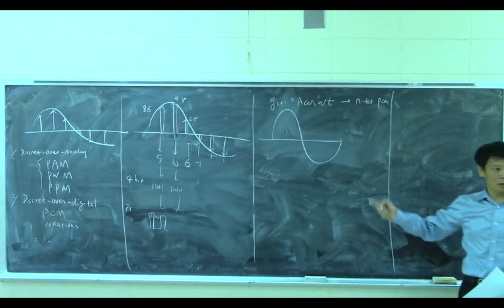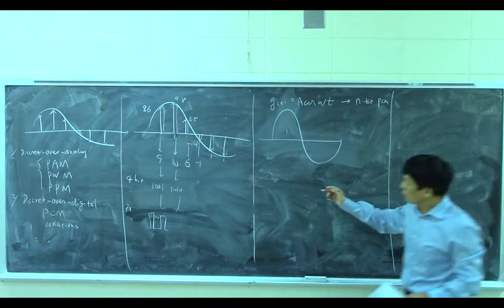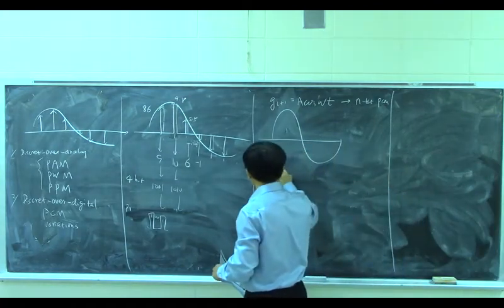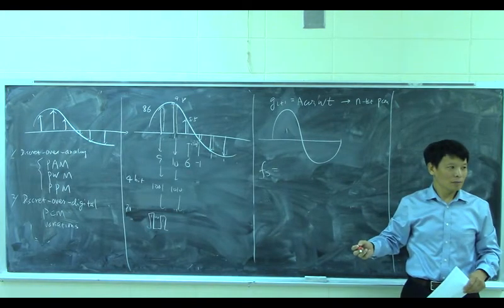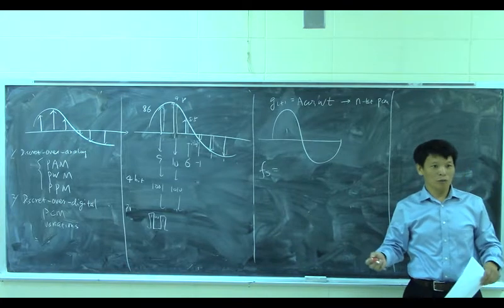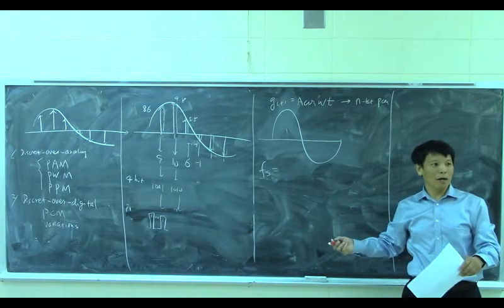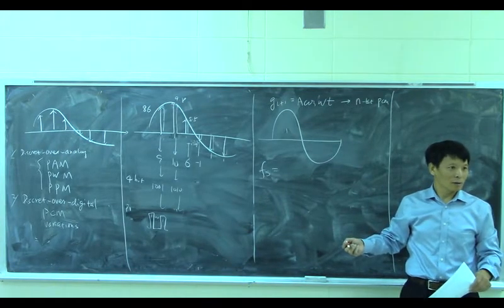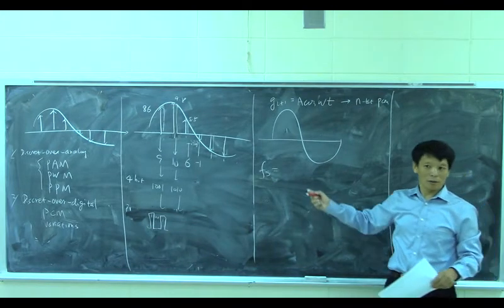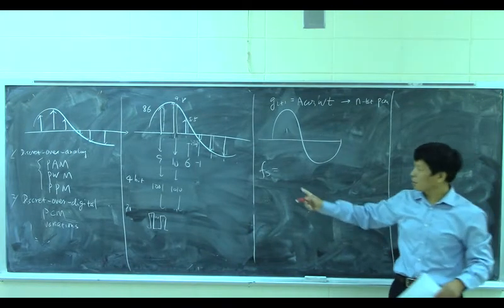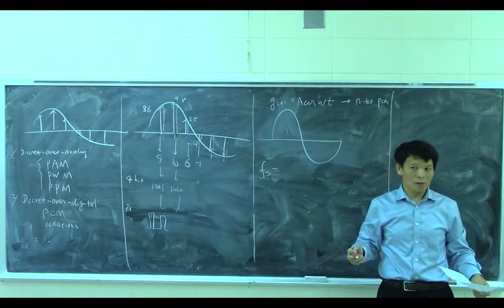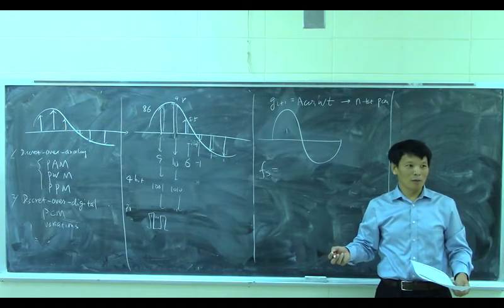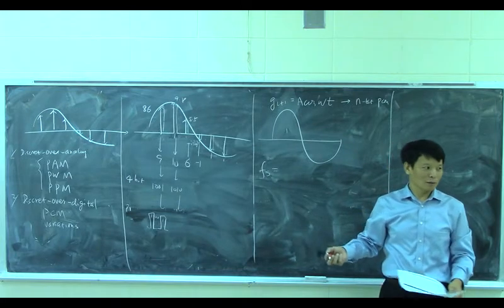Step 1, I need to sample this. So we need to know a sampling frequency. How fast should I sample this signal for proper later reconstruction? That is what we discussed last time, sampling theory, and we summarized it at the beginning of the class.